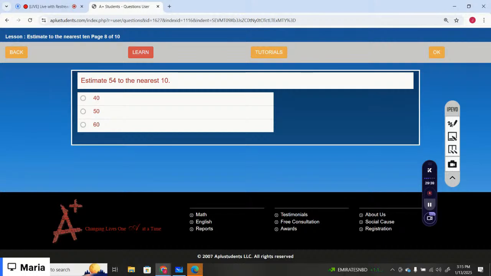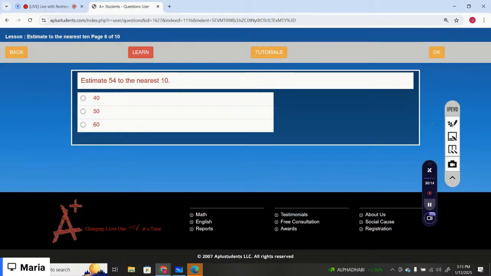Estimate 54 to the nearest 10, which is the correct option. Fifty-four is rounded to 50.